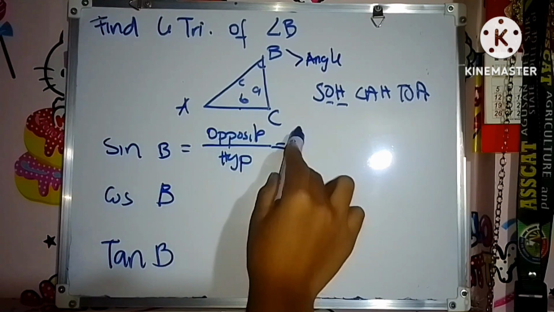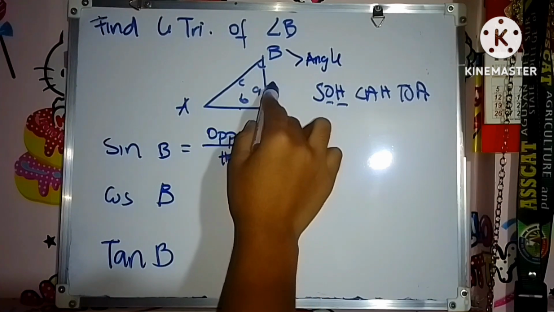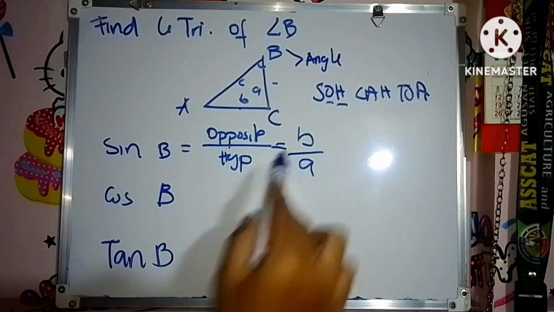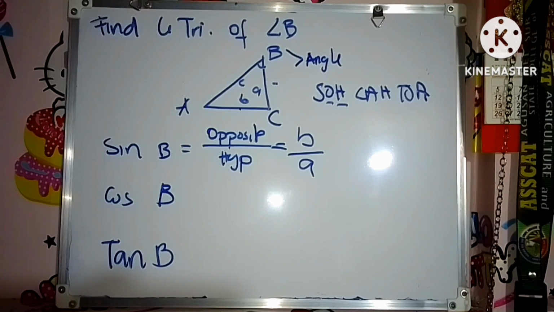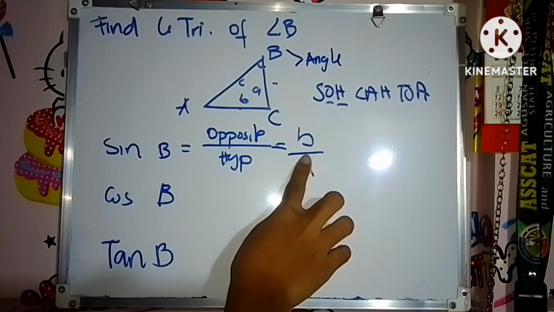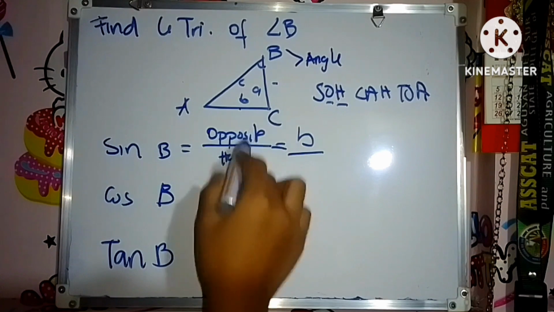The opposite of angle B is B, and its hypotenuse is C.